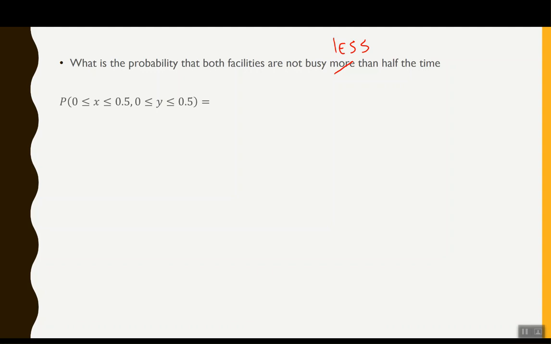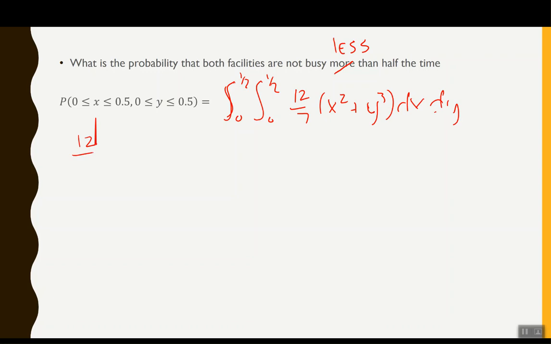So I'm going to take the double integral of x and y from 0 to 1/2. So I would take my function, and this is probably looking so familiar to you because this is just using calculus to help us figure out the probability.